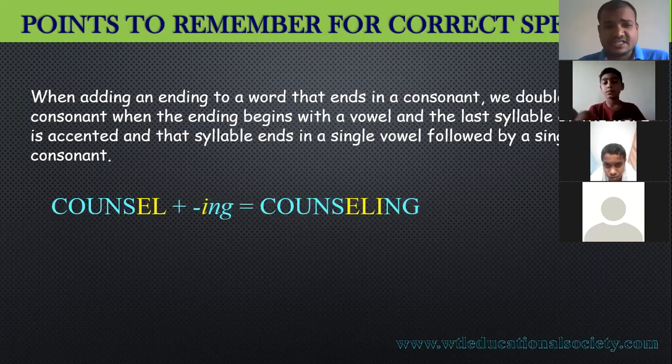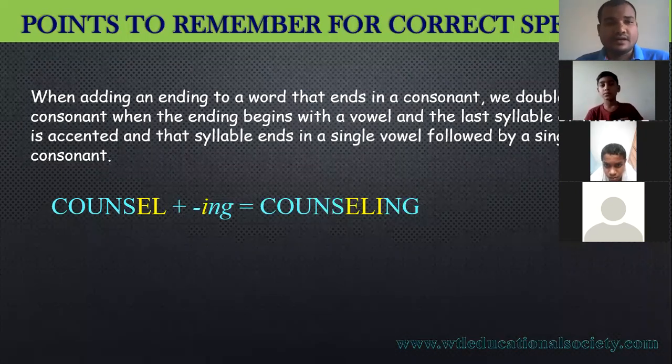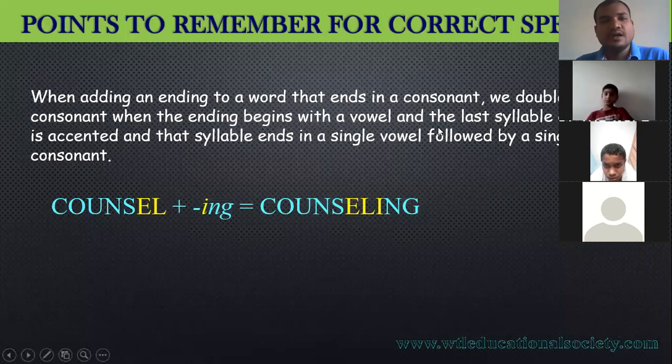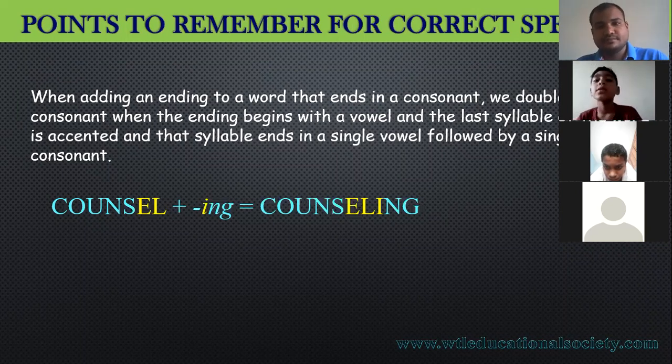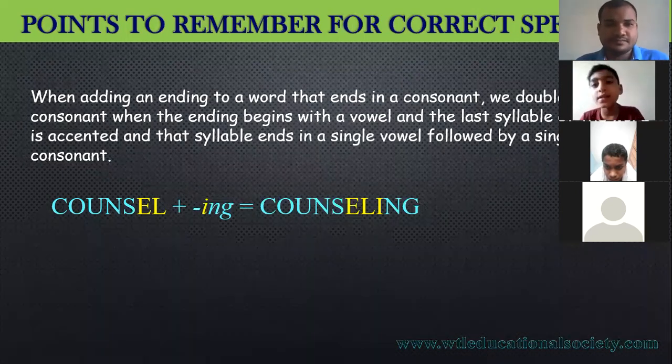So same rule. When adding an ending to a word that ends in a consonant, we double that consonant when the ending begins with a vowel, and the last syllable of the word is accented, and that syllable ends in a single vowel followed by a single consonant. Counseling.